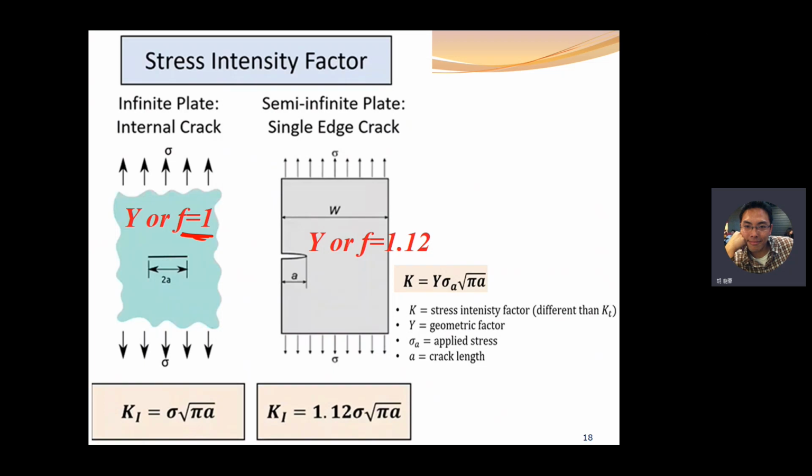And if the plate is semi-infinite and the crack is on a single edge on the surface, in this case the geometric factor is 1.12. Therefore, we say Y or F is the geometric factor.